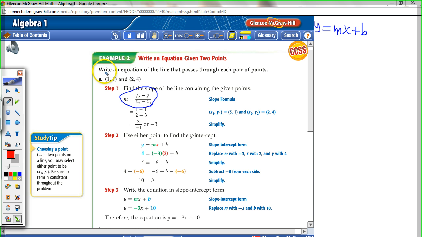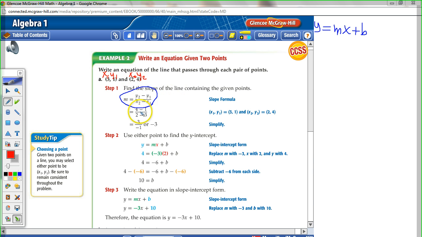Let's put x1, y1, and this point as x2, y2.